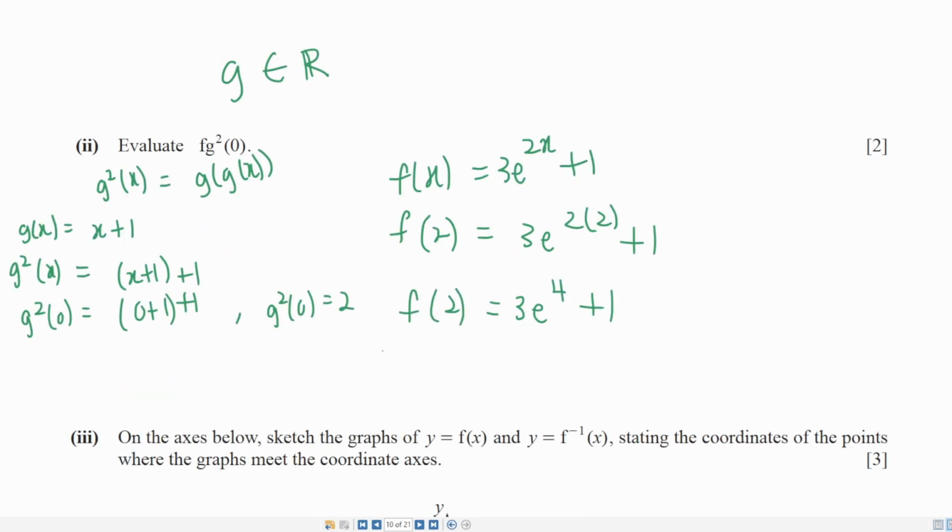Now they've asked us to evaluate this, so let's input this into our calculator. And putting this into our calculator, we are able to get the value of 164.79. We can just round this up to 164.8, and that's your final answer.